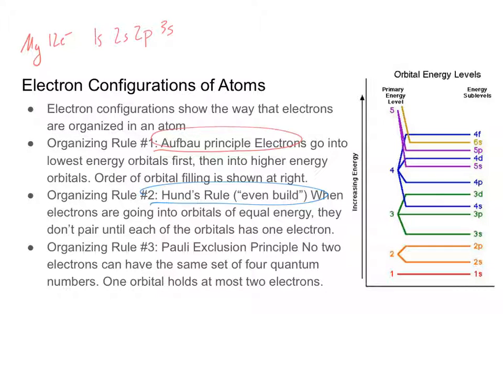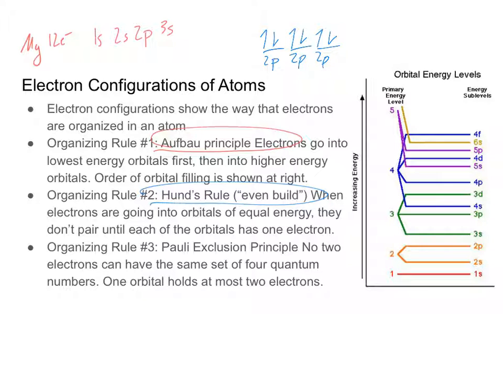What that really means is that in the 2p orbitals, if I'm going to fill that up, and remember that those can hold a total of 6, but each orbital can hold 2, I'm going to go half, half, half full, and then come back and do half, half, half full.